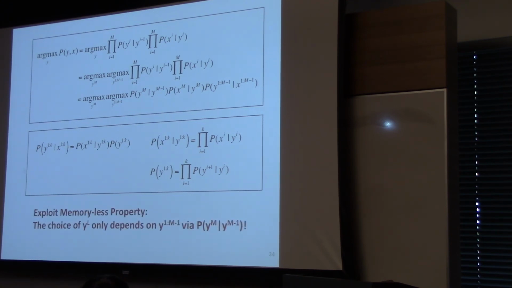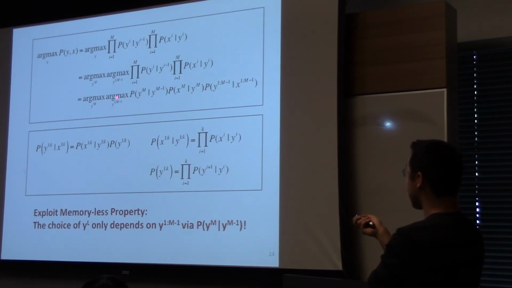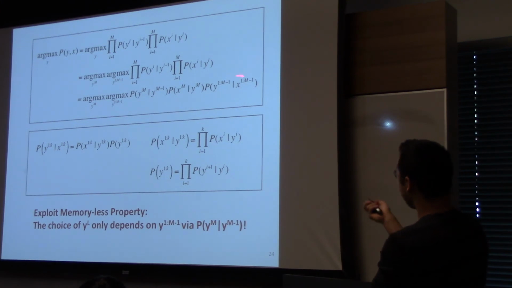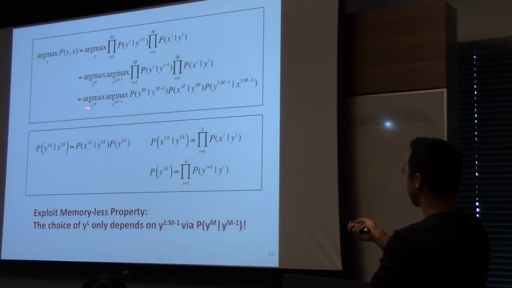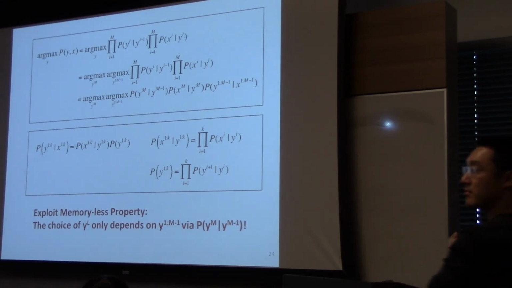Basically, this is a memoryless property. If we've already solved the problem for the first n-1 subsequence, we can easily find the next most likely sequence by enumerating over just a few things.